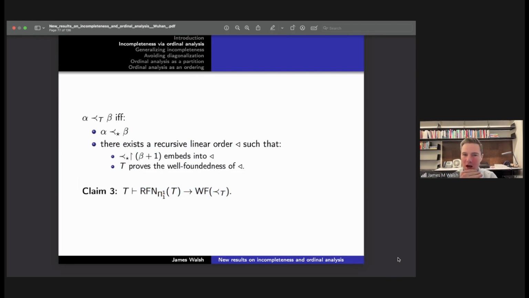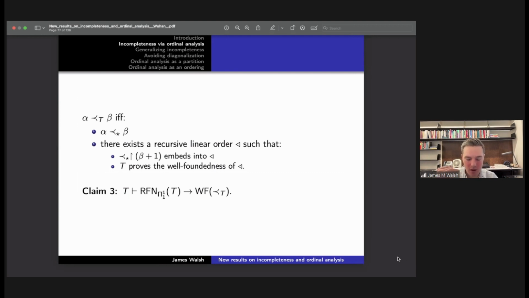So why is it that when you describe the order in this way, T can prove this? In fact, it's not just in T that we can do this. We can do this with Σ1 axiom of choice. So this proof doesn't depend on T at all. So Σ1 axiom of choice proves that if T is Π¹₁ sound, then prec T is well-founded.